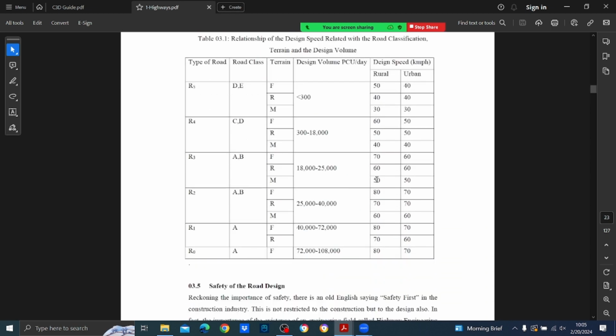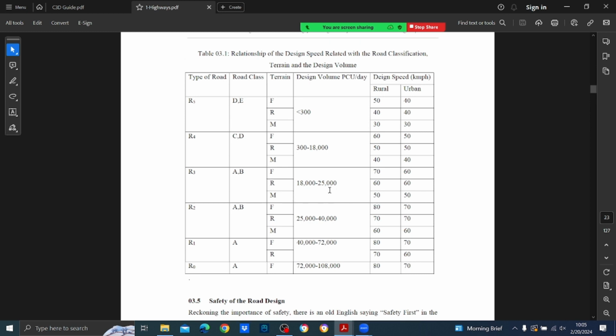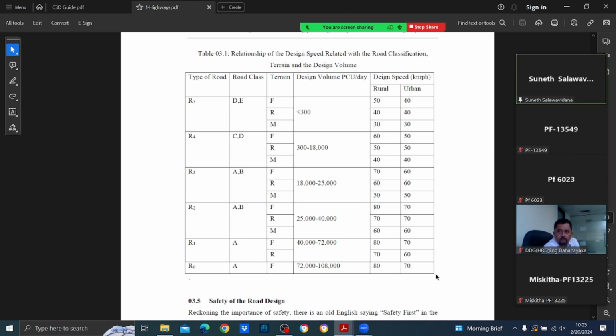And these are some cross sections that we are going to provide. So that is based on RDA standards. Now that depends on the design volumes, PCU per day. This is the maximum PCU per day that is being considered, 72,000 to 800,000. So road class is A, so the design speed should be 80 to 70, something like that.